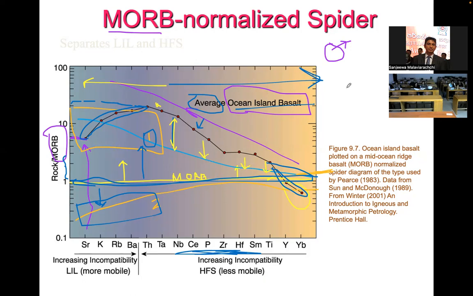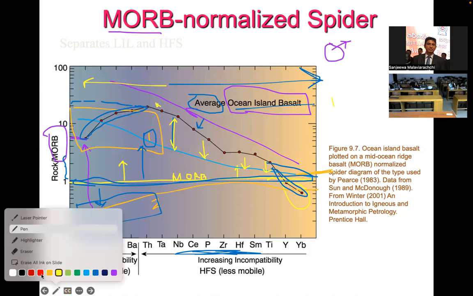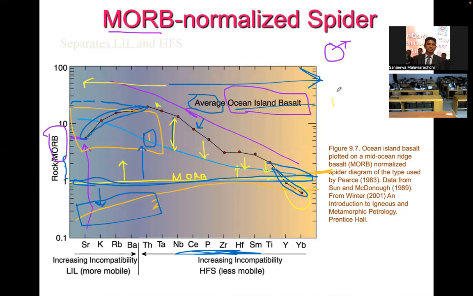So this is a new word you hear now, interaction. What is this interaction? Interaction means it's kind of a reaction. I mean, it's not a real reaction, but interaction means in variable ways you can have reaction. Multiple reactions can take place between magmas, right?